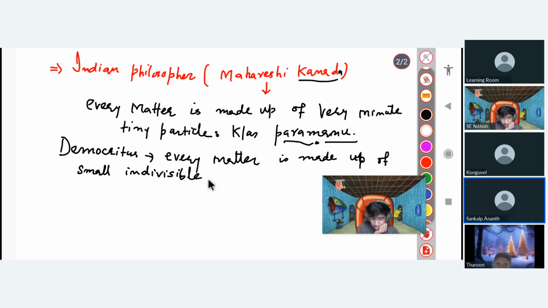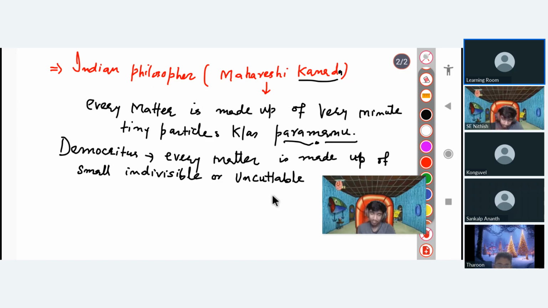Sir, is atom a Greek term? Yes, atom is actually derived from a Greek word, that is atomos. I will write it here. You do not have to worry about this.